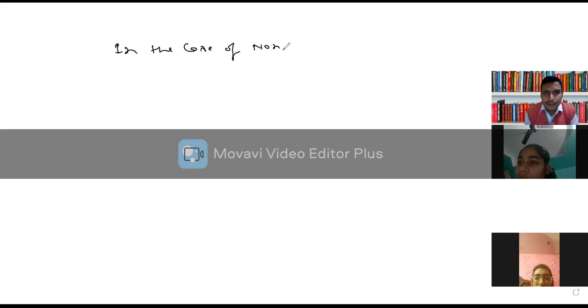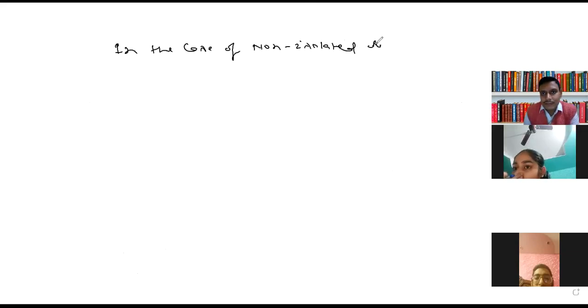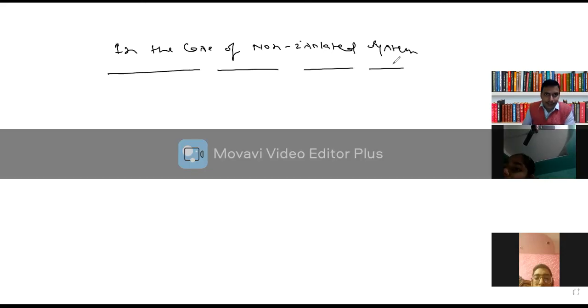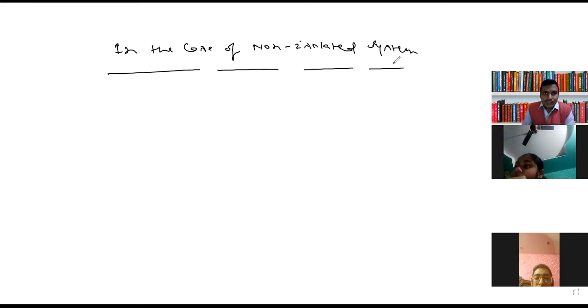Entropy can be considered in an isolated system, and not only entropy, but also enthalpy and internal energy should be calculated in an isolated system, because only in an isolated system will the calculation be most accurate. In that particular case, there is no exchange of heat with the surrounding atmosphere.